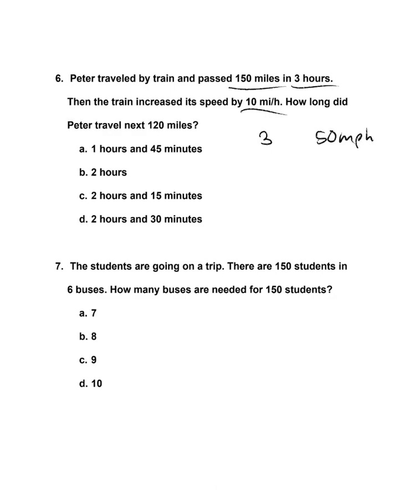And then the train increased its speed by 10 miles per hour, which would be plus 10, which is 60 miles per hour. So how long did he travel the next 120 miles?